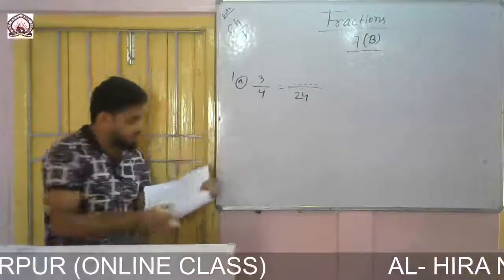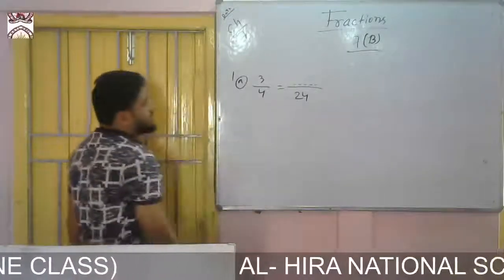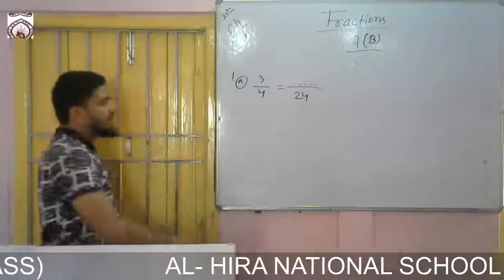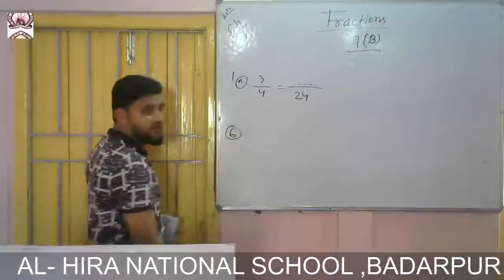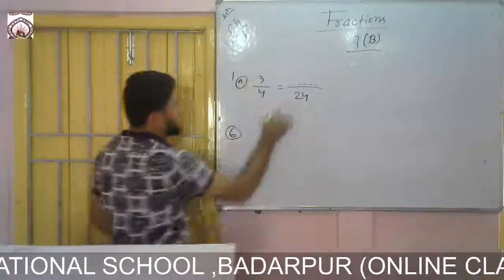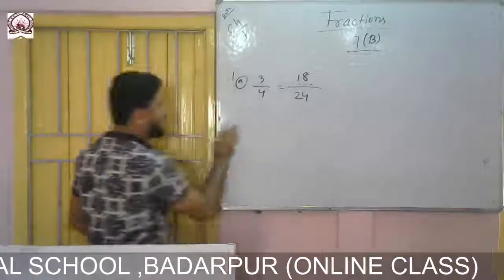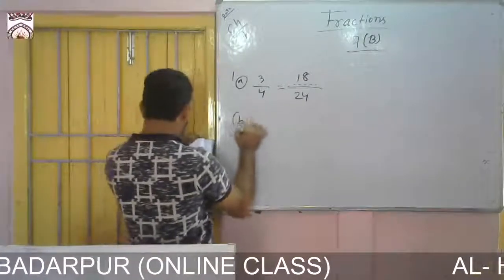We need to fill this blank. So how do you check? 4 times how many is 24? 4 sixes are 24. So we multiply this 6 with 3. 3 sixes are 18. So here will be 18. Then come to B.